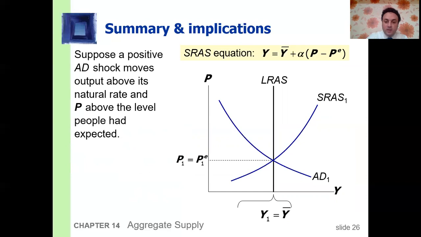So when we add the aggregate demand curve to our graph, suppose a positive aggregate demand shock moves the output above its natural rate, Y bar.